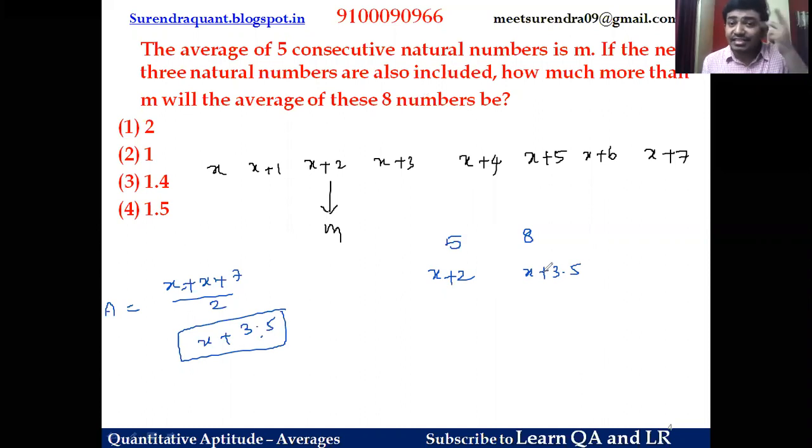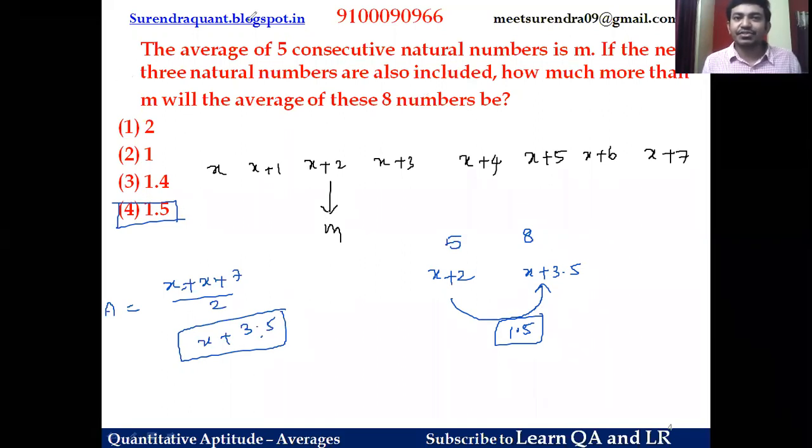Let us mention it in terms of x, guys. Now this 8 numbers average is how much more than the average of 5 natural numbers? It is 1.5 more, right? So that is option 4. And no need to worry about the m value. The m value is given just for the sake of confusion. So think in terms of x and you can easily answer the question. Let's continue with the next question.